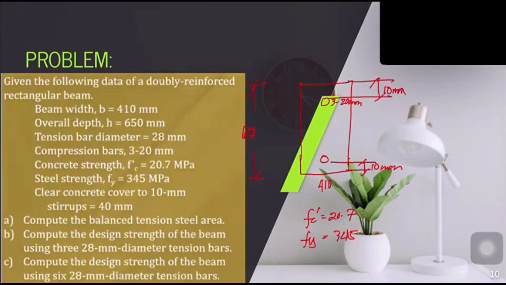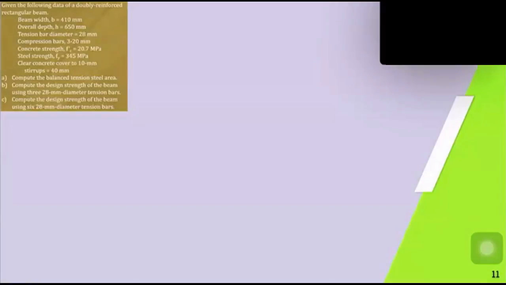Stirrups is 40 mm. So meron ka pang stirrups para dito. So in actual scenario kasi, so i-draw ko na lang. Kapag singly reinforced kasi sa actual, hindi mo naman malalagyan lang ng bakal sa baba. So let's say we have here ito. Then we have a stirrup.